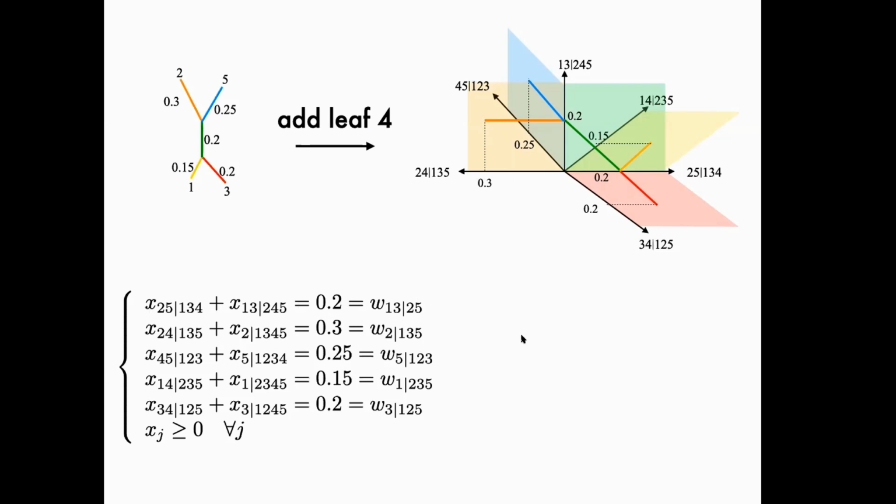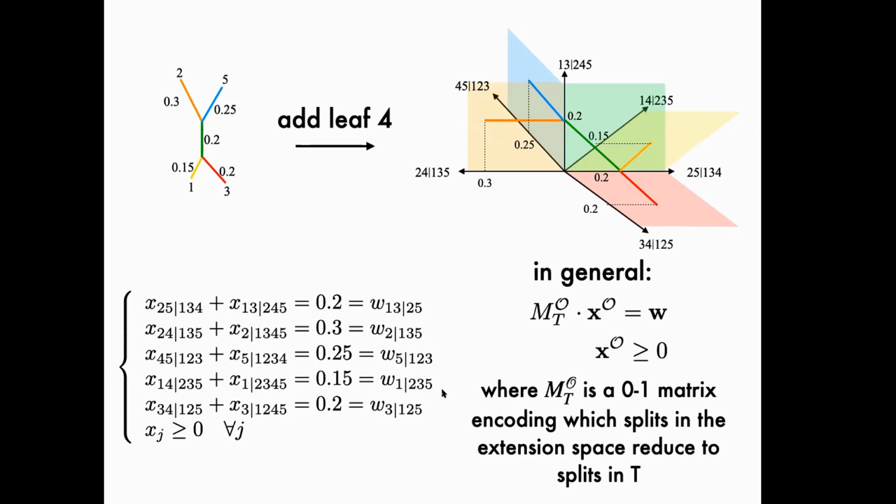And if you're adding more leaves, these are a little more complicated. And in general, I can think of there being a 0-1 matrix that's encoding which splits in the extension space, so which splits on capital N leaves come out of which splits in my original tree, right? So for example, I would be encoding that this split 1, 3, 2, 4, 5 came out of this green edge, and same with this one came out of those edges.